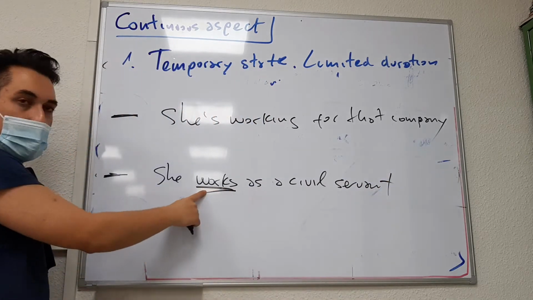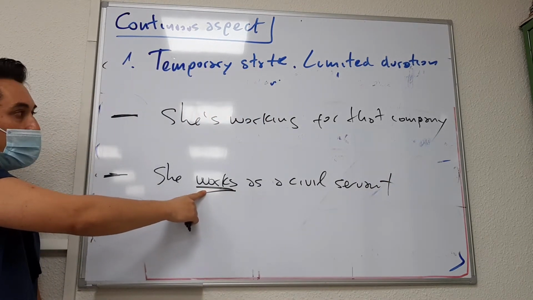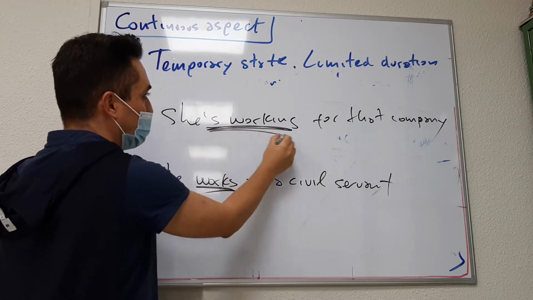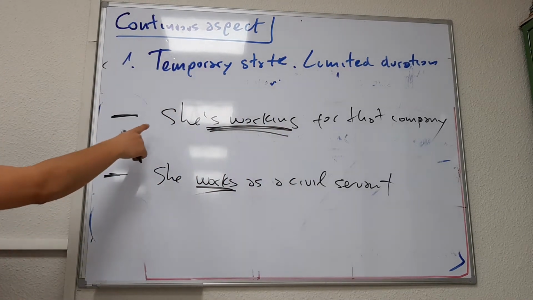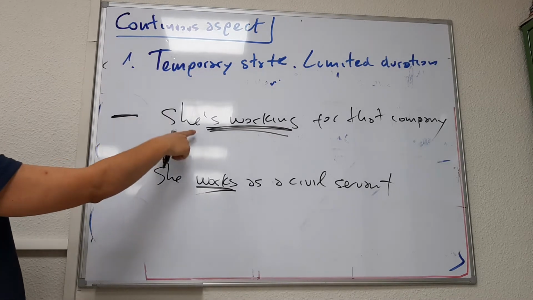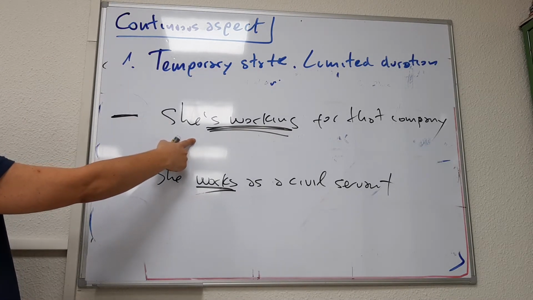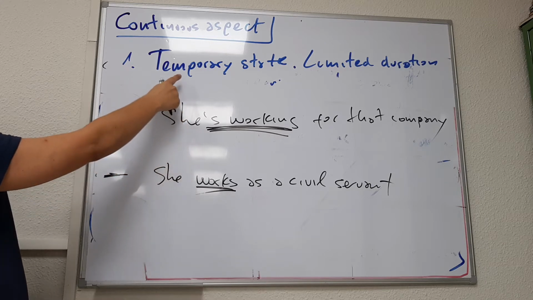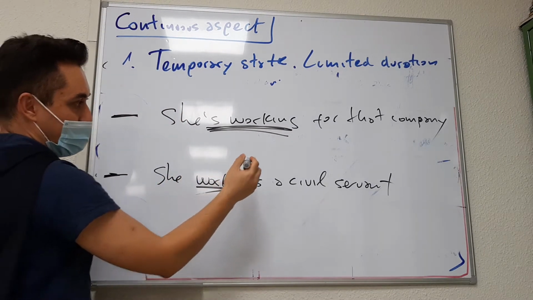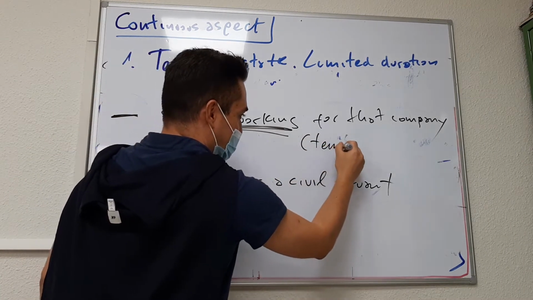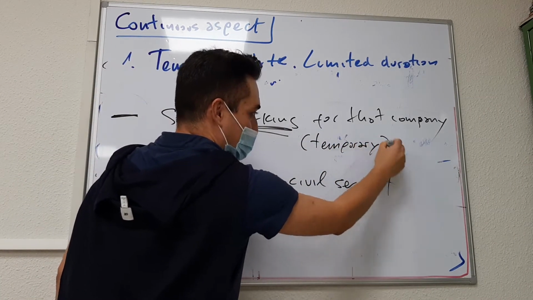Here, the aspect is simple. Here, the aspect is continuous. What is the difference? This sentence, which is using the continuous aspect, is representing something which is not permanent, but temporary. So if I say she's working for that company, I'm implying that it is kind of temporary, that it's not forever.